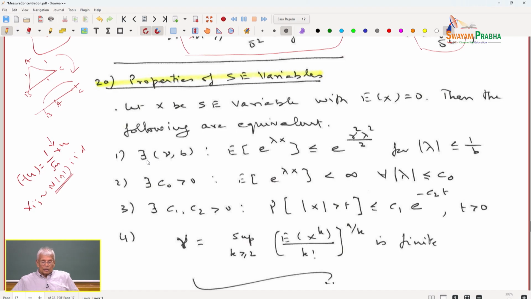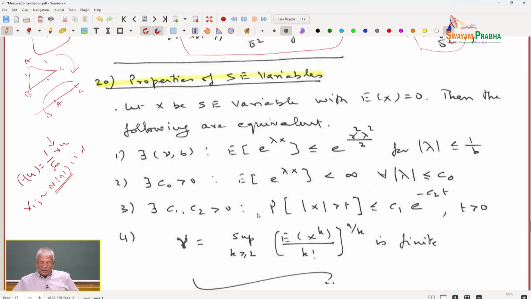So, there exist two parameters nu and b such that the moment generating function of the random variable X is upper bounded by e to the power of nu square lambda square by 2 for absolute value of lambda less than or equal to 1 over b. This is the restriction. The second one is there exists a C naught such that E of e to the power of lambda X is less than infinity for absolute value of lambda less than or equal to C naught.